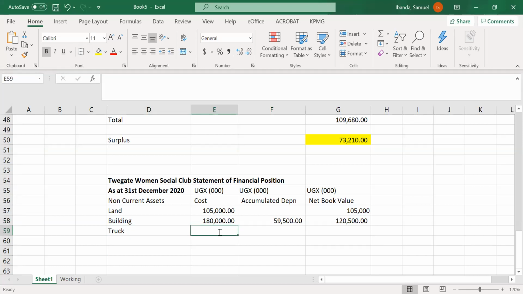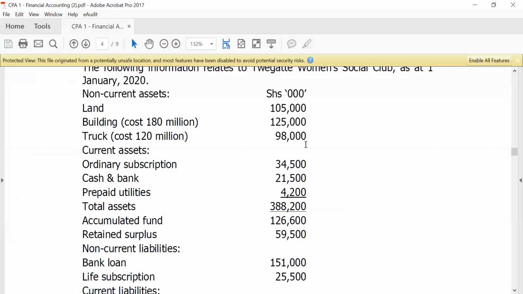So the truck, its cost is 120 million as provided in the question. At the start of the year, the cost was 120 less 98 gives you 22 million. So 22 million, which is 22,000, is the accumulated depreciation at the start of the year.